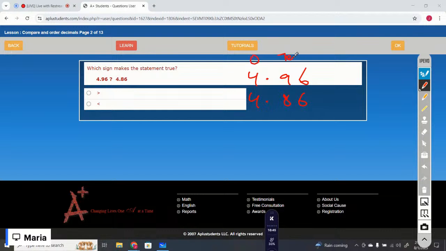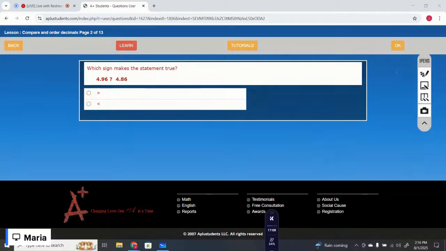Ones, tenths, hundredths. If you look at their ones digit, they are exactly the same. And if you look at the tenths digit, 9 is greater than 8, so 4.96 is greater than 4.86. Option number 1 is the correct option.